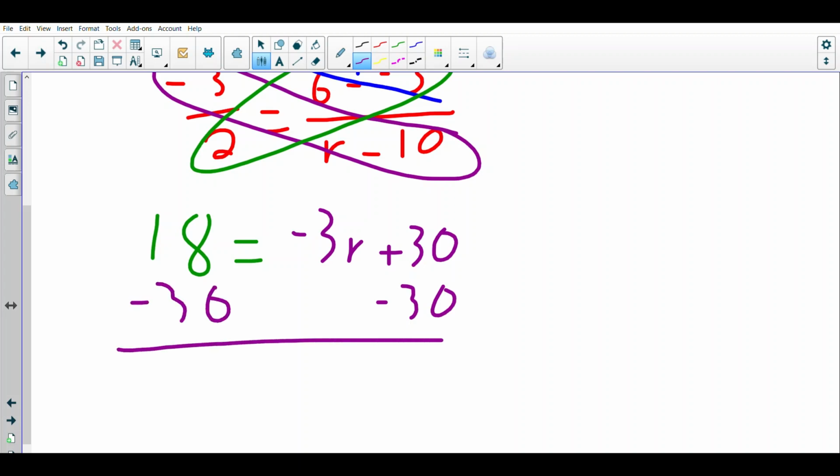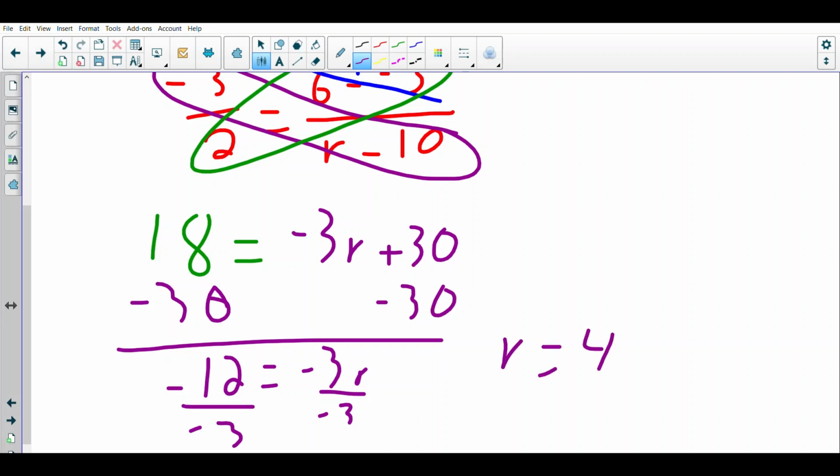I get -12 equals -3r. Divide by -3, and I get r is equal to 4. Really, all I did in this problem was give you the slope, and you had to find the missing coordinate. It's the same thing you've done in the past, just with slope thrown in there.